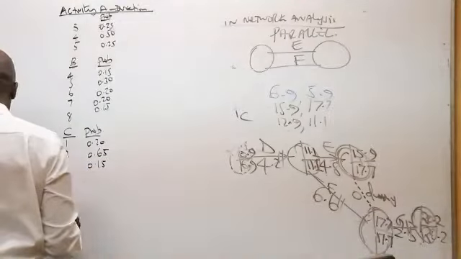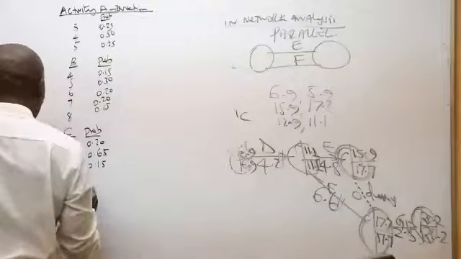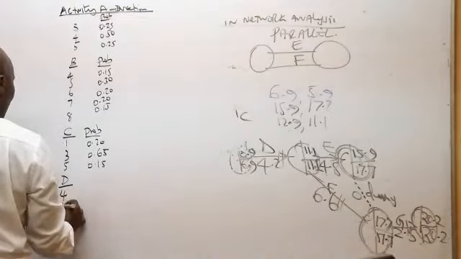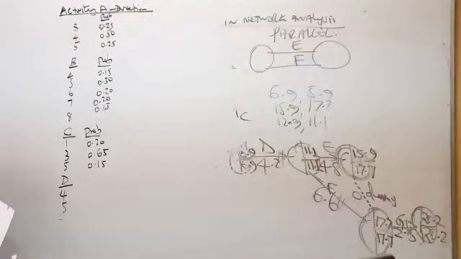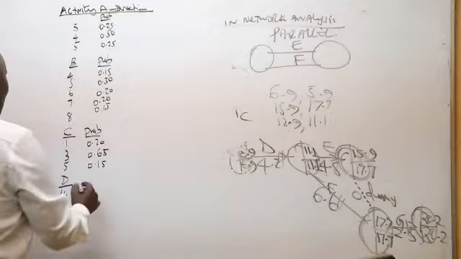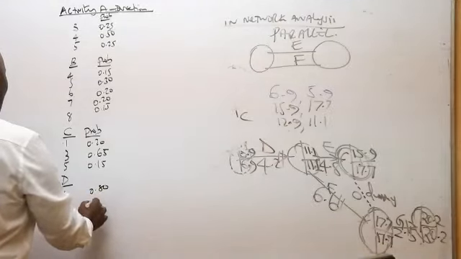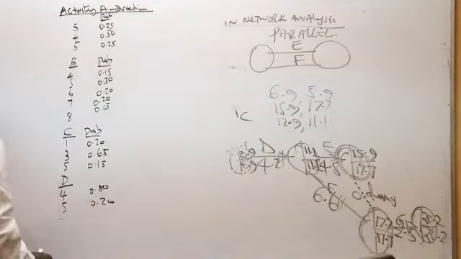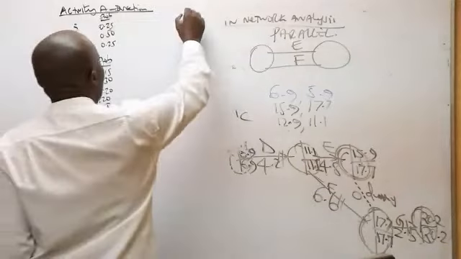Then D could either take 4 or 5 days, with probabilities 0.80 and 0.20.